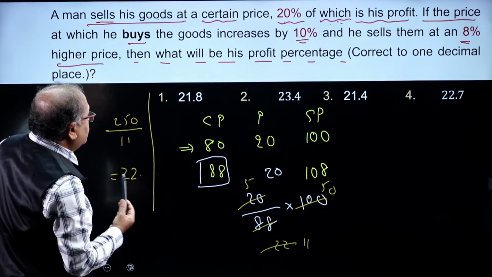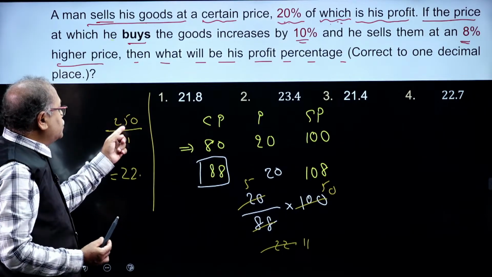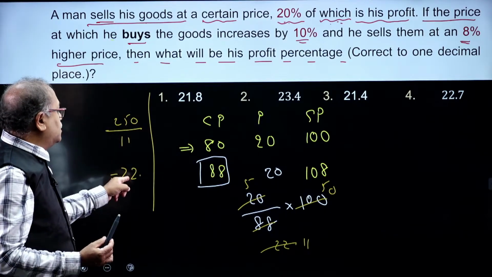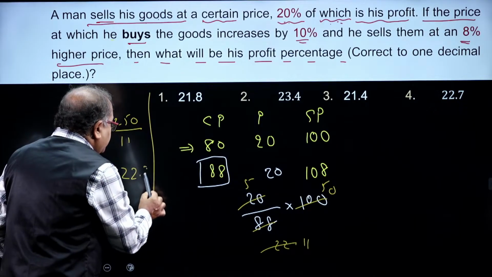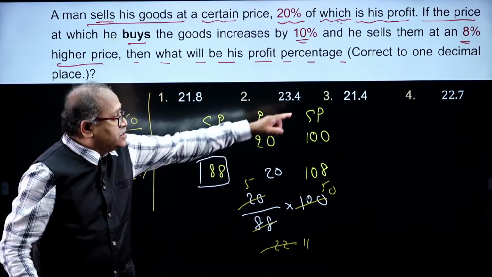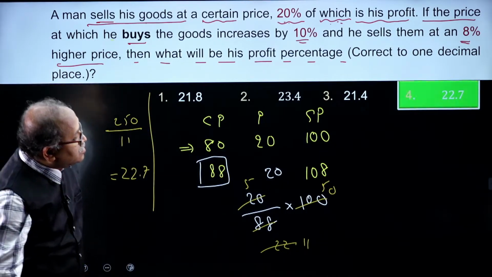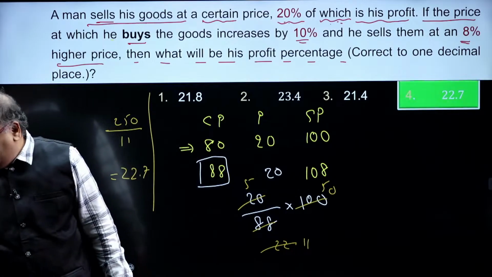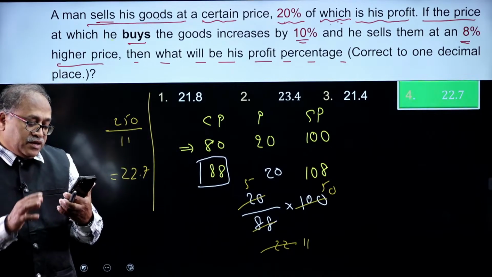So again will it go 2 times? Now 2 times 22, 30, 2 times 22, 8 is the remainder. So 7 times. So anyway 22.7 is there, 22.7, option choice 4. Can I check the answer? Yes. Who all correctly answered the question?